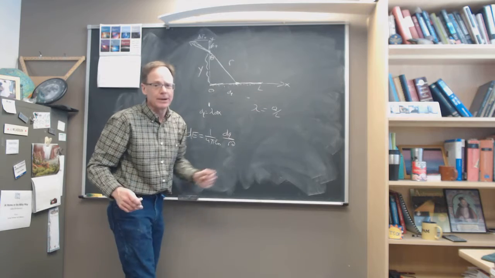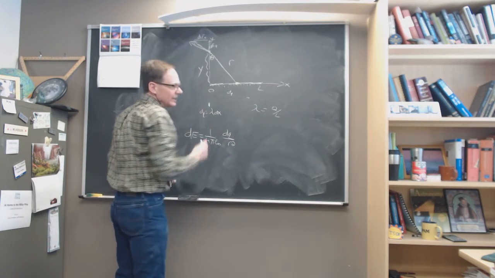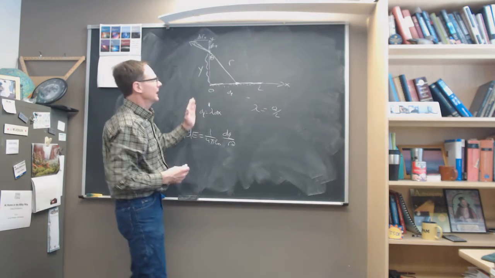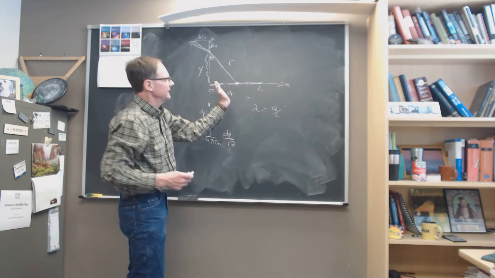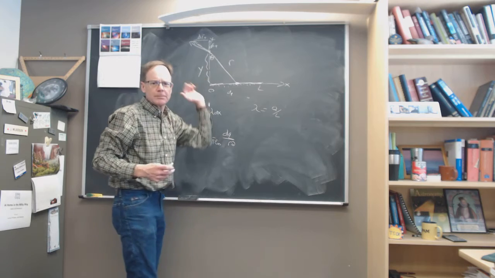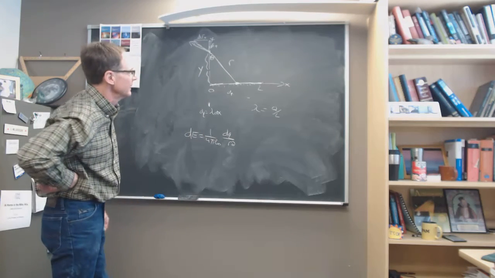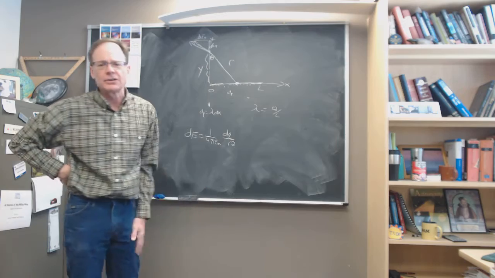So they all add up instead of canceling out. You get a y component that points up if q is positive, and an x component that points to the left, toward negative x if q is positive, and you have to add all those up.